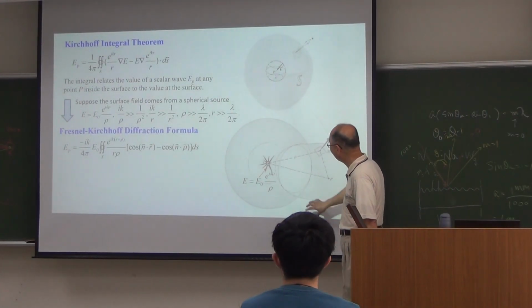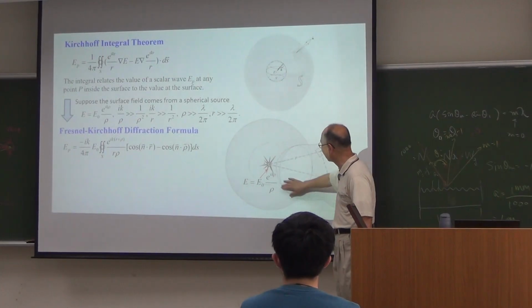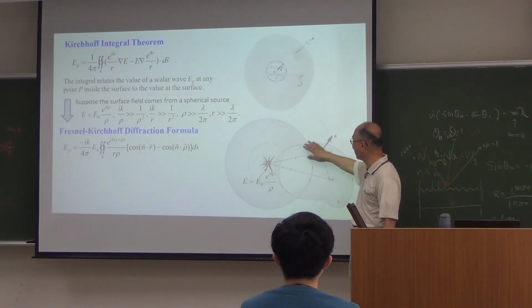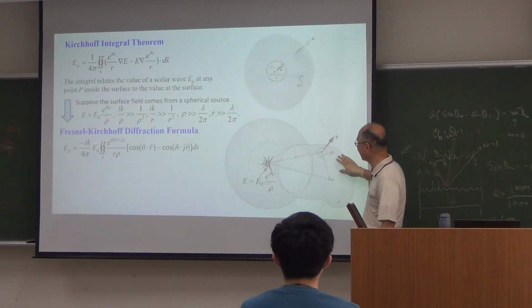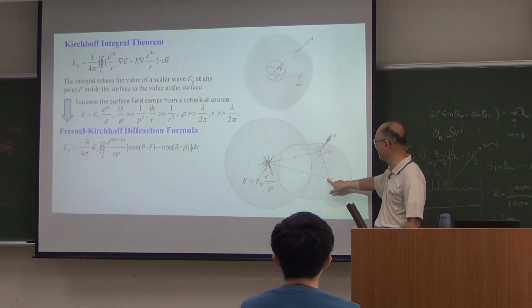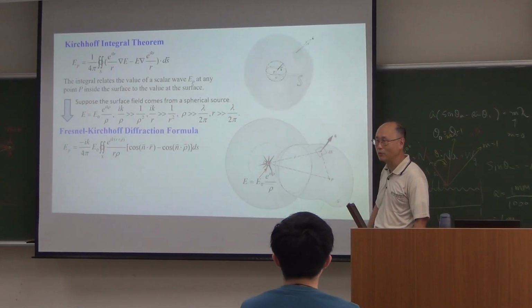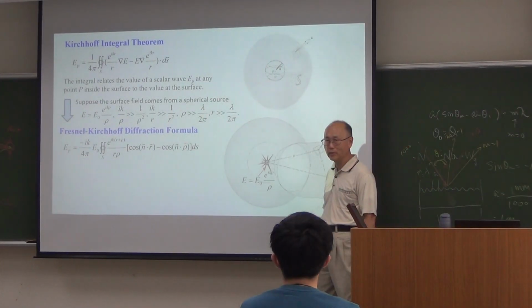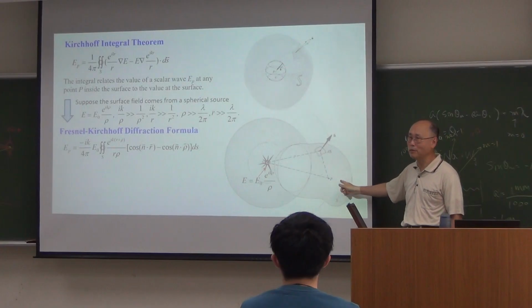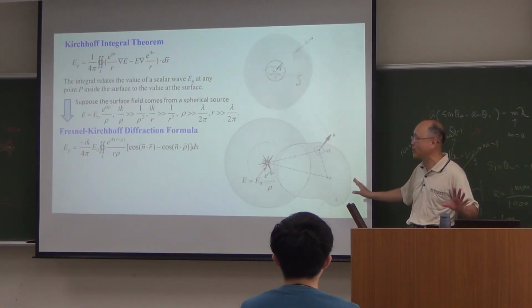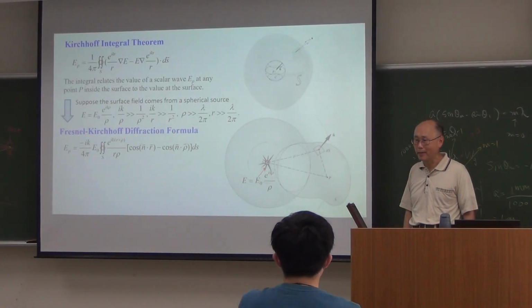If I have knowledge of the electric field on the surface, can I determine the electric field at this point based on the source radiation? This configuration defines the whole problem.